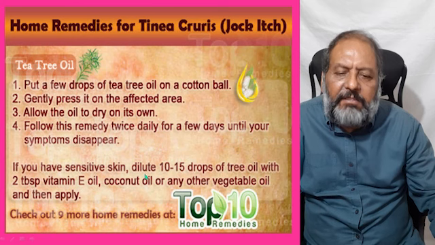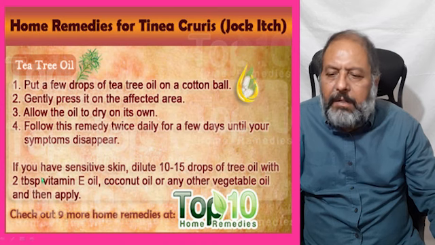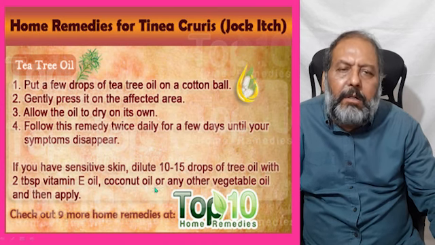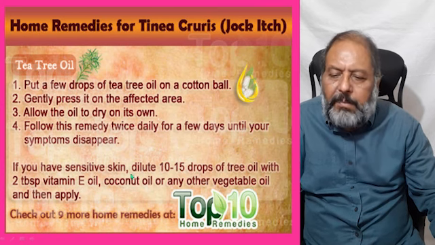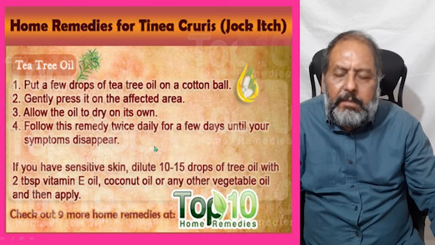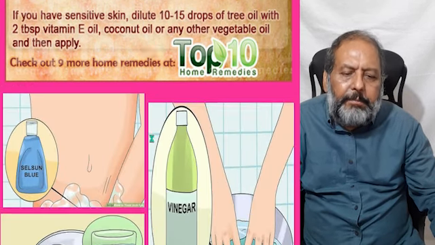If you have sensitive skin, dilute 10 to 15 drops of tea tree oil with 2 tablespoons of vitamin E oil, coconut oil or any other vegetable oil, and then apply. That is said to be a very good home remedy.